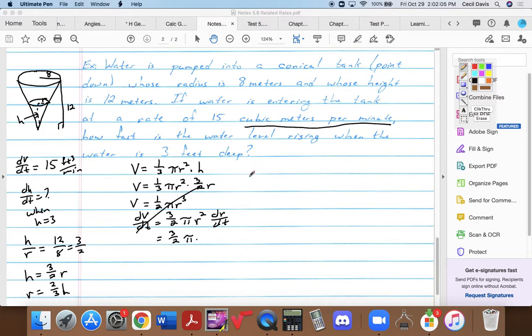Yeah. So the volume is 1/3 pi r squared times h. So it's 1/3 pi times 2/3 h squared times h. So it's pi over 3 times 4/9 h cubed.